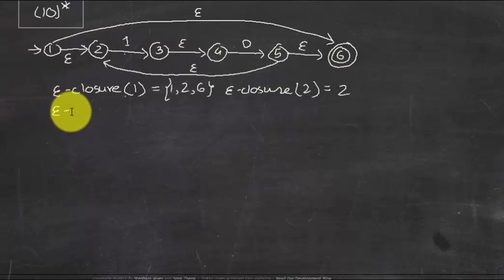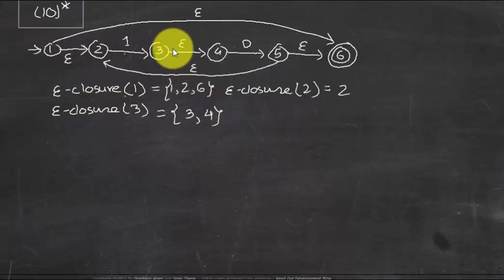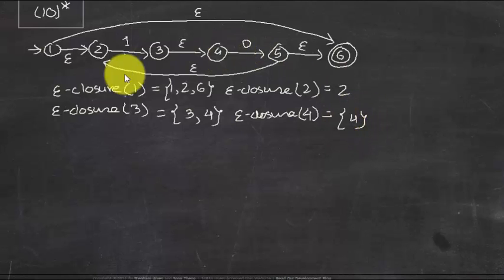Then for the e-closure of state 3, we always go to itself, and it goes to state 4, as you can see from here. And the e-closure of state 4 goes to itself, as we know, and that's it. It does not go anywhere else.